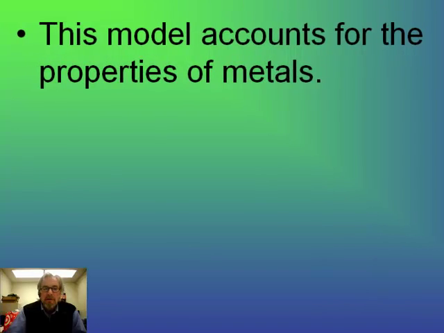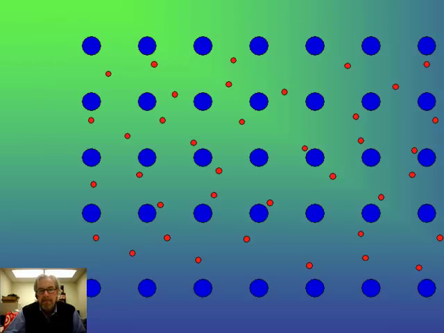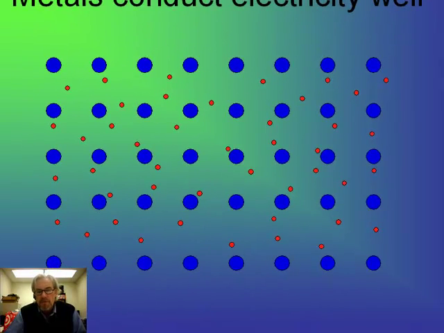This model accounts for the properties that we've learned that metals have. For example, metals conduct electricity well. So this is a picture of our lattice network of blue nuclei and the red mobile electron sea, the valence electrons.